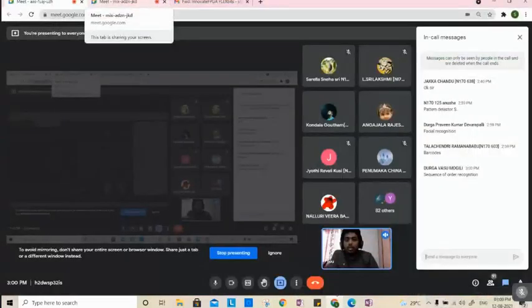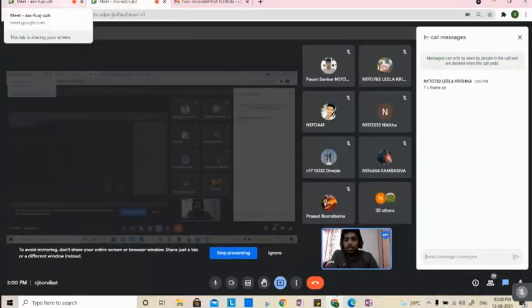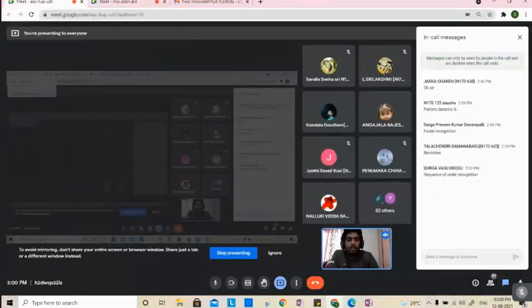Sequence of order recognition. Durga Vasu, can you keep it in general words such that we all can understand? In simple words.